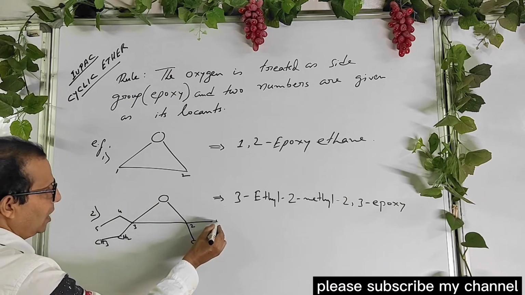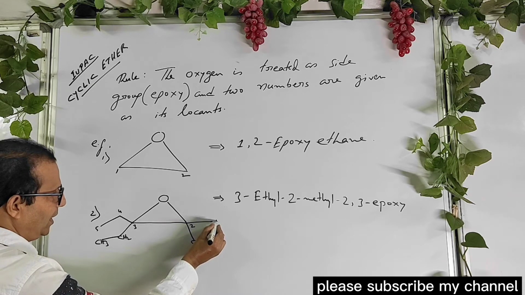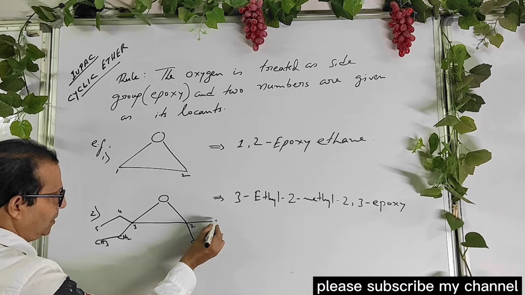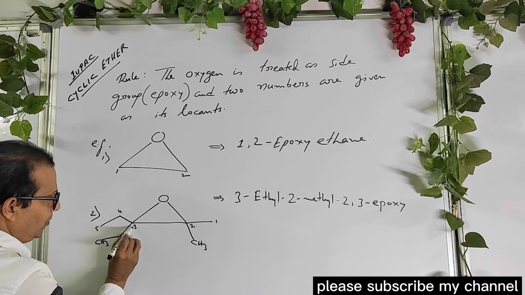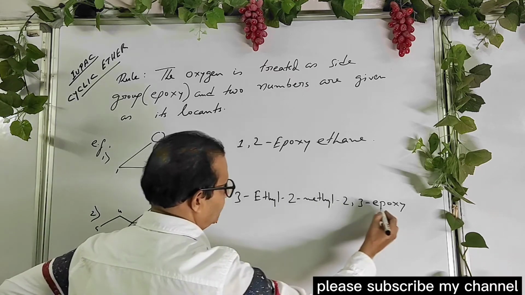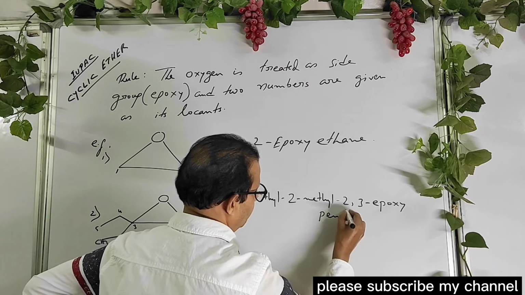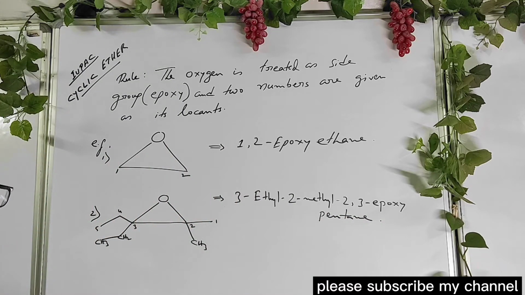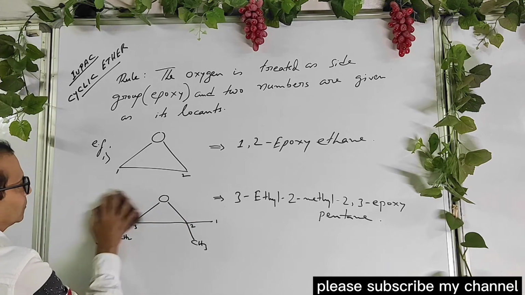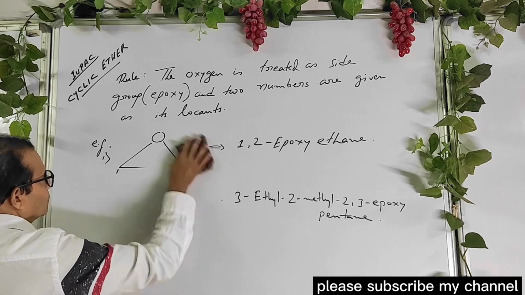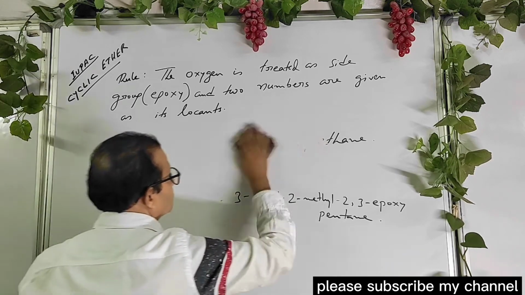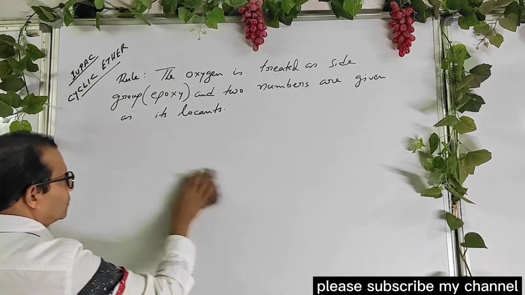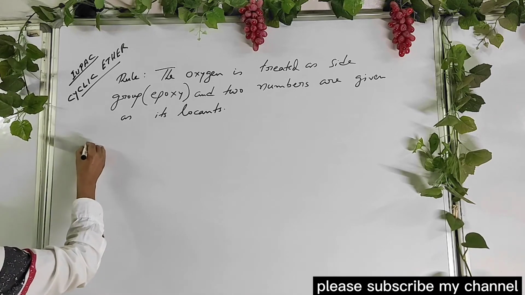Now the main parent alkane, methane, ethane, propane, butane, pentane. So next, I think you understand it, okay? Number third.